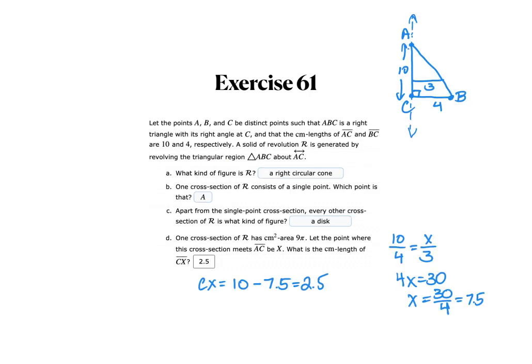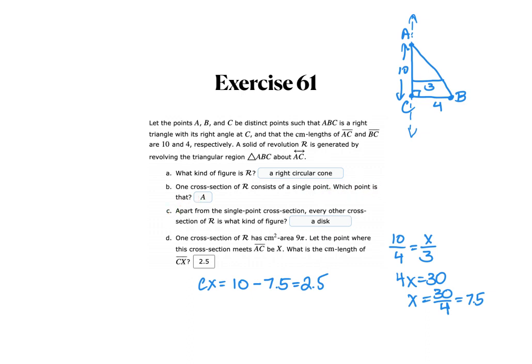If I have a right triangle with my right angle at C, and it's rotated around this line AC, what I create is a right circular cone. One cross-section of R consists of a single point. Which point is that?